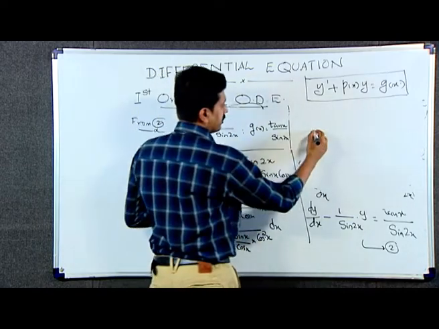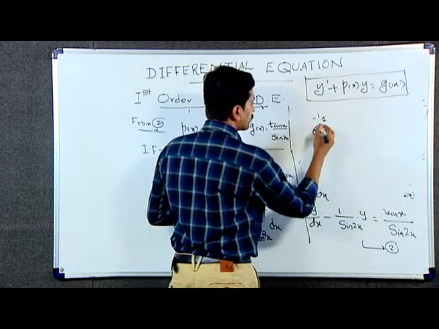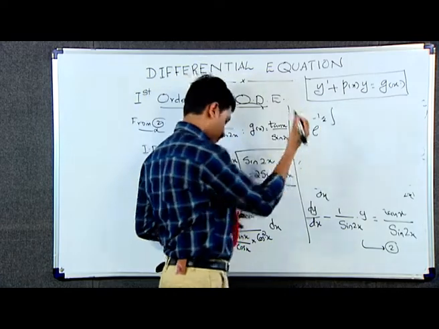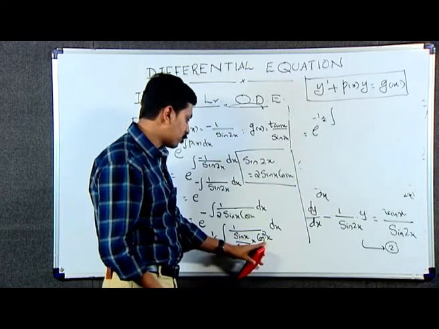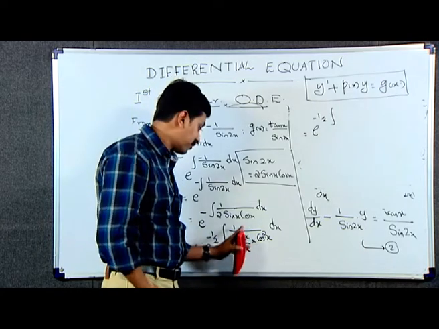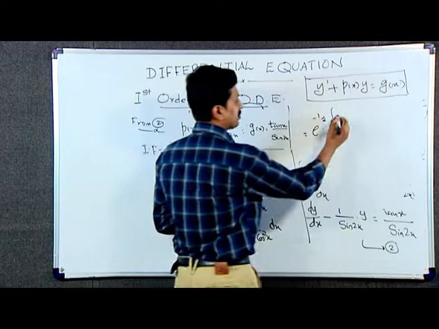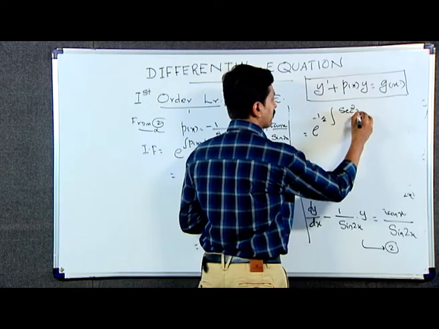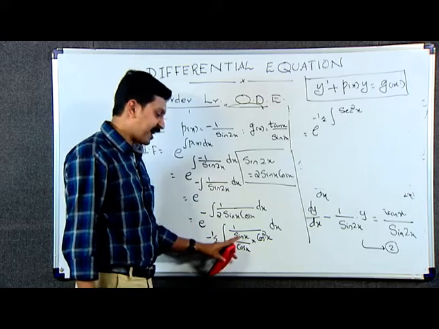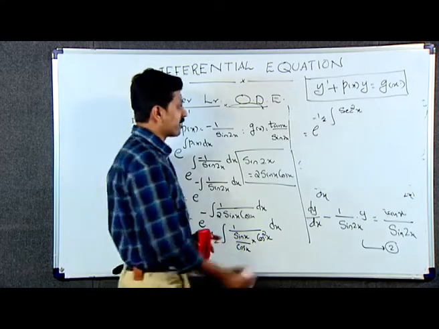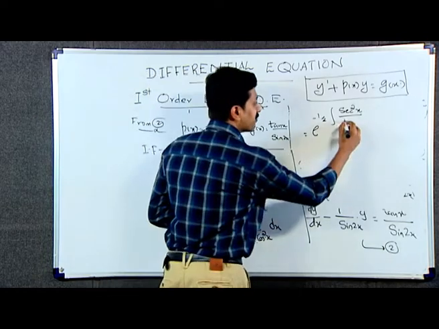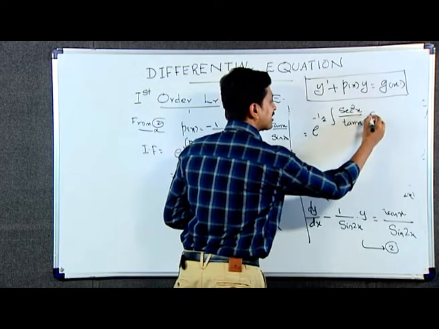See, e raised to minus 1 by 2 integral of, I am taking cos square x to the numerator, 1 by cos square x is sec square x, and we have the formula that sin x by cos x is tan x dx, which we studied in early standards.